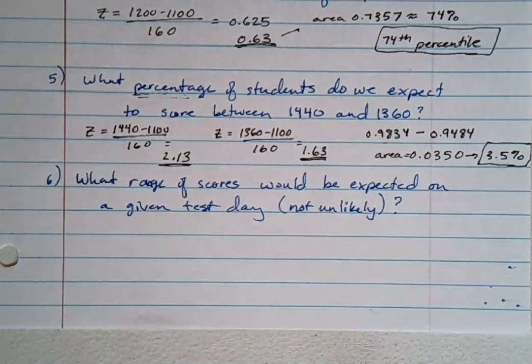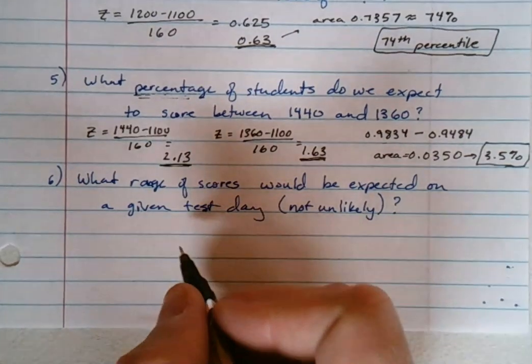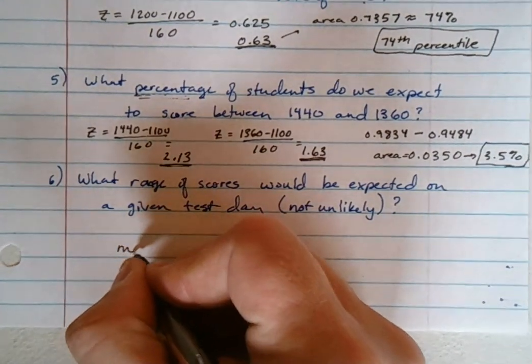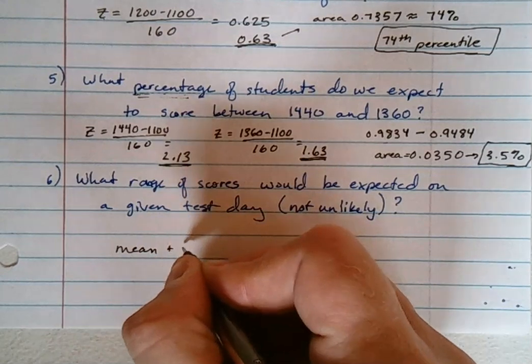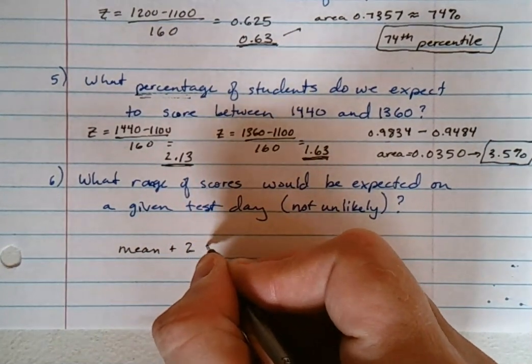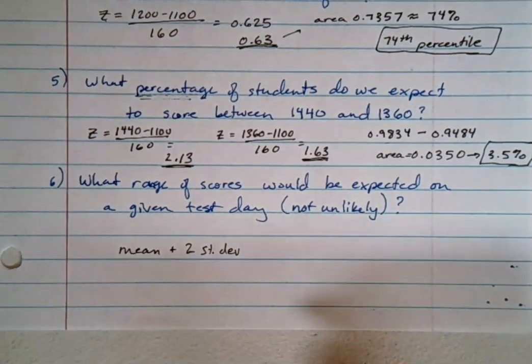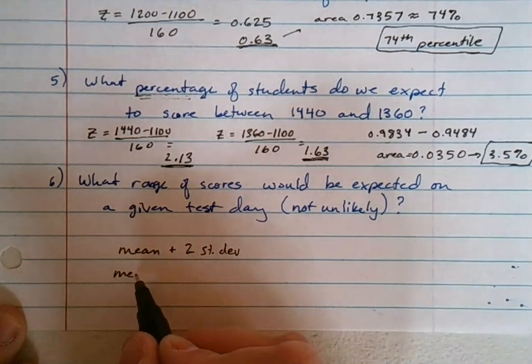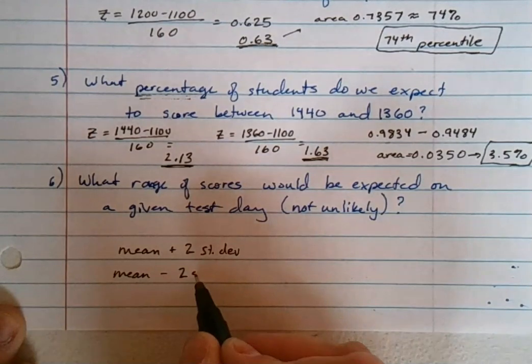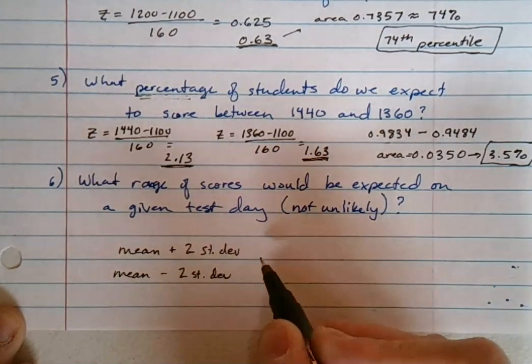And so what we're going to do is look at this and say, look, we're going to find the mean plus 2 standard deviations and we're going to find the mean minus 2 standard deviations. Okay?